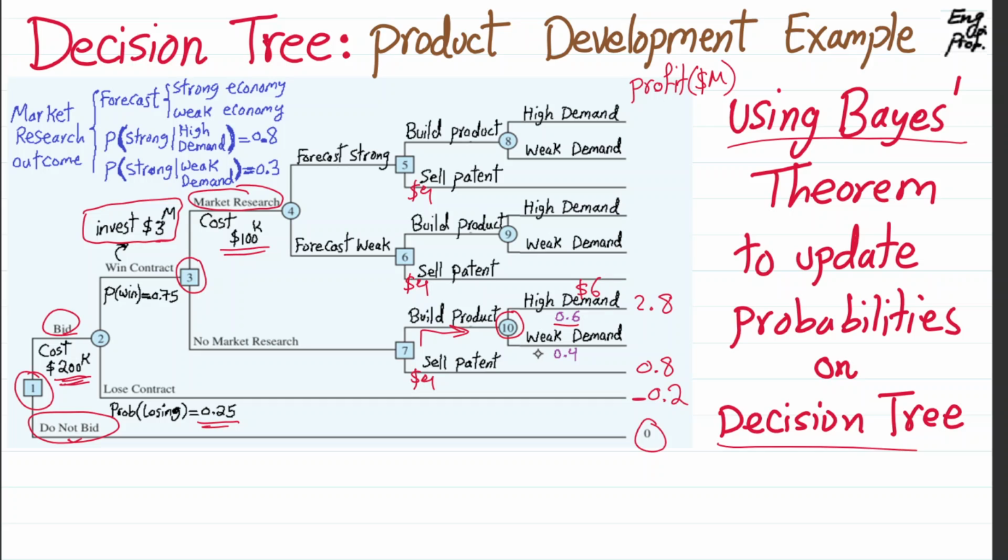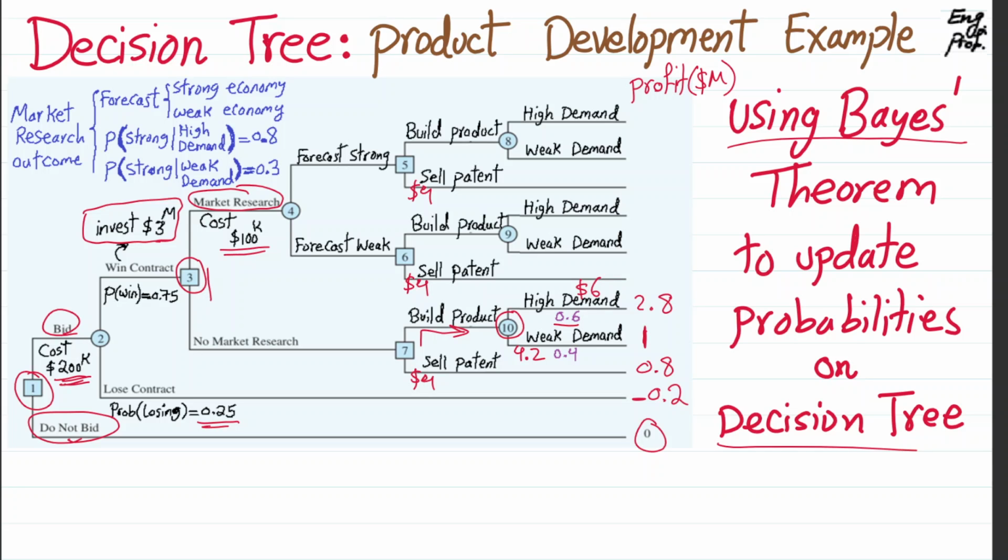And if the demand is weak, let's say in that scenario we get only $4.2 million in revenue, just to make it easy. Then 4.2 minus 3 minus $200,000 gets us to $1 million in payoff for profit.